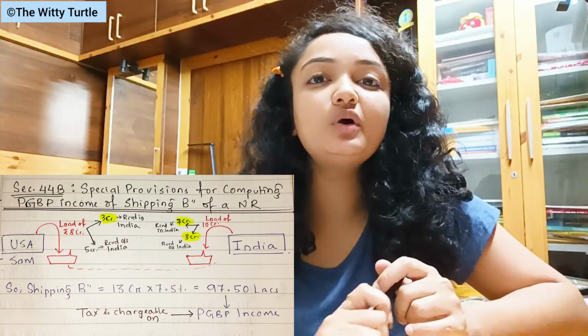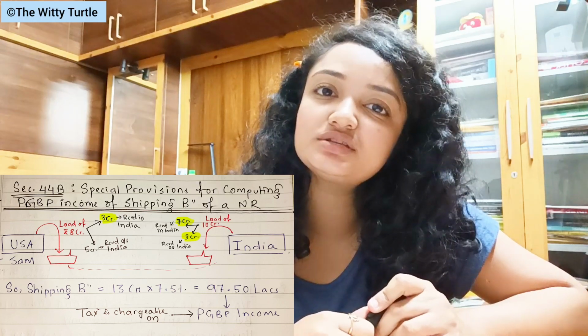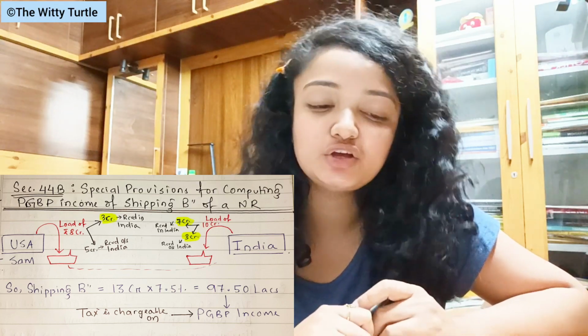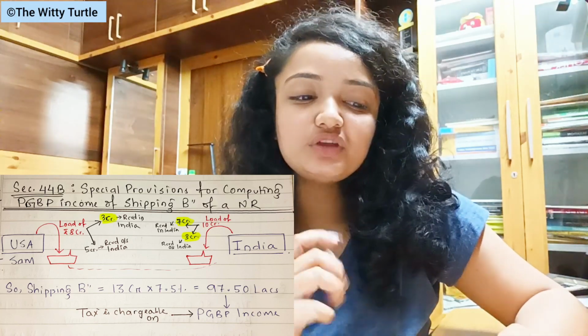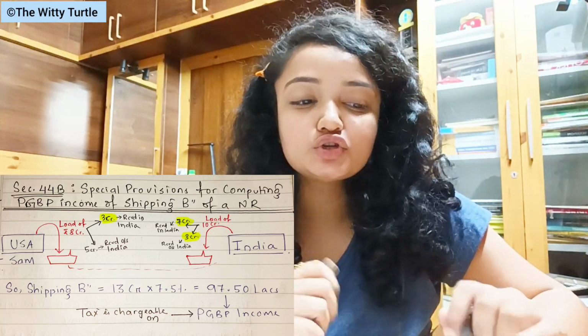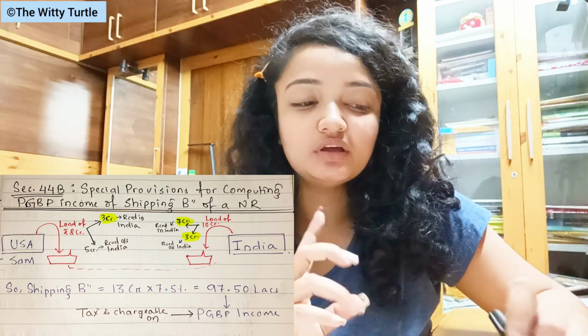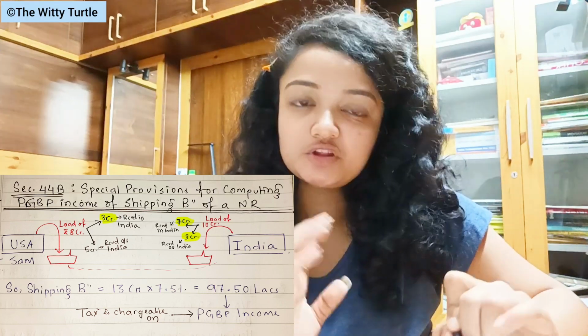Now coming to the second point, it says that any amount received or receivable in India, right? So coming back to the 8 crore load, out of that 3 crores are received in India, right? So a total of 13 crore, 7 crore plus 3 crore plus 3 crores.